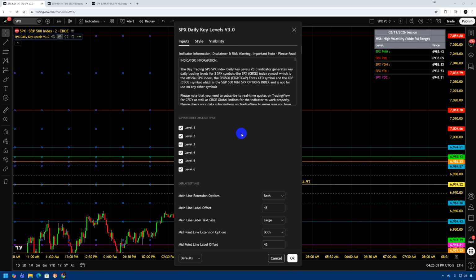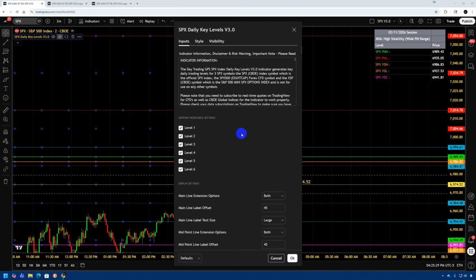Now, one of the other things that we had to take out of the V3.0 indicator, which is still in the V2.0, is zone shading. Most people, at least from the feedback that we got, did not feel that zone shading was something that they used very much.